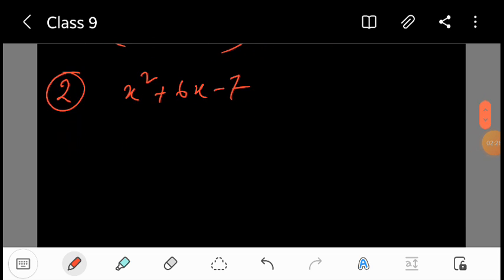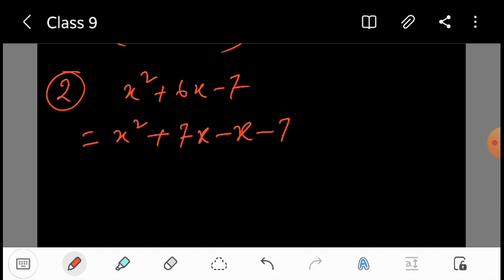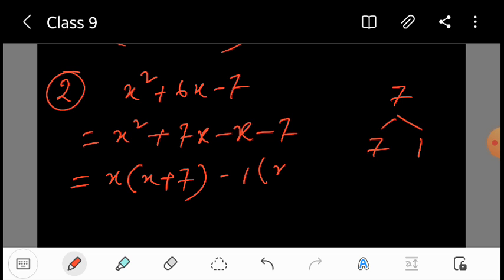Again similar middle term factor, so we can write this one as x square plus 7x minus x minus 7. We break this 7 as 7 into 1, right? So if we take x common, this is definitely x plus 7, and if you take minus 1 common, that is definitely x plus 7. So we will get x plus 7 into x minus 1.